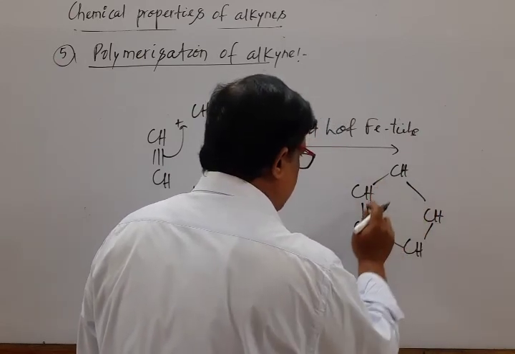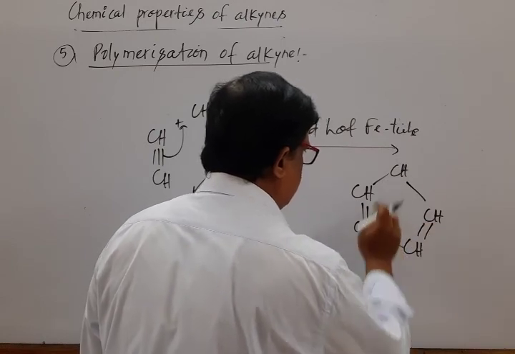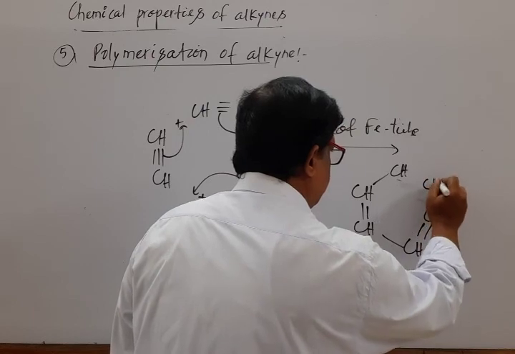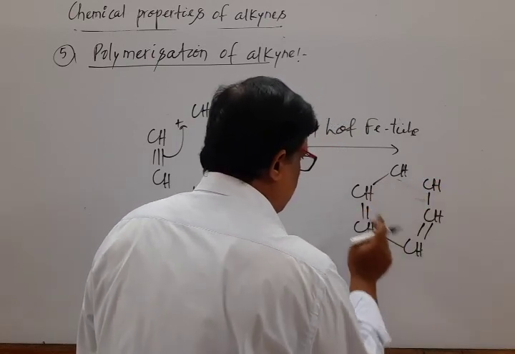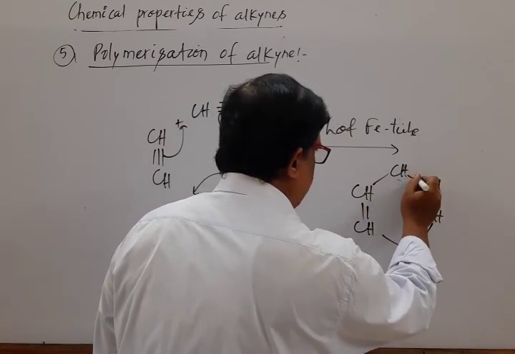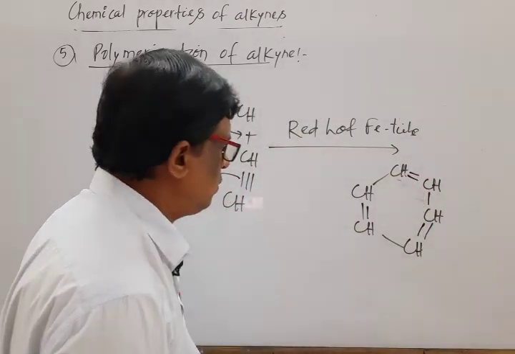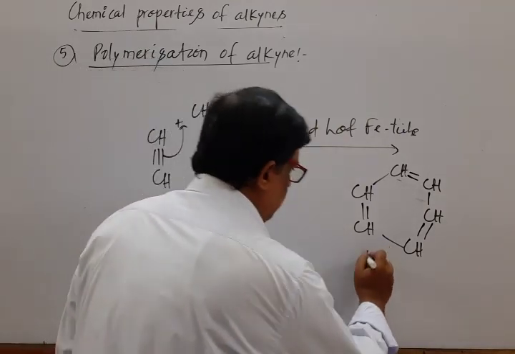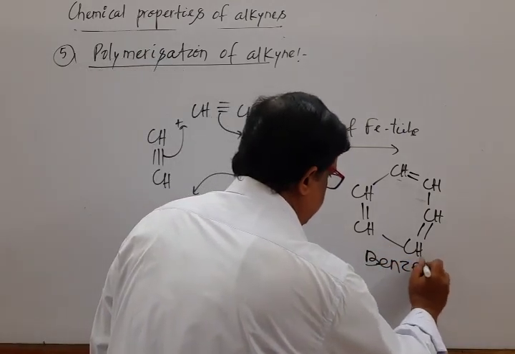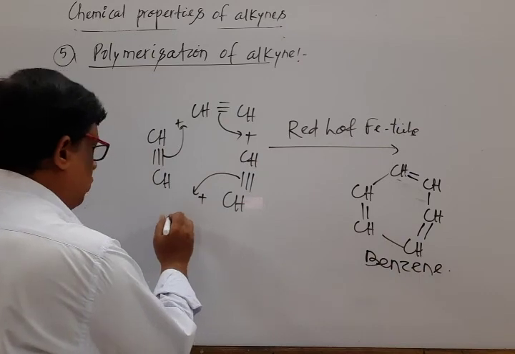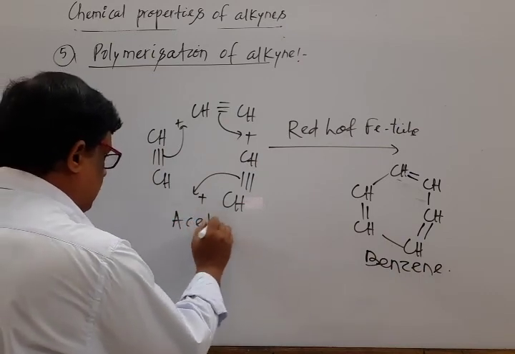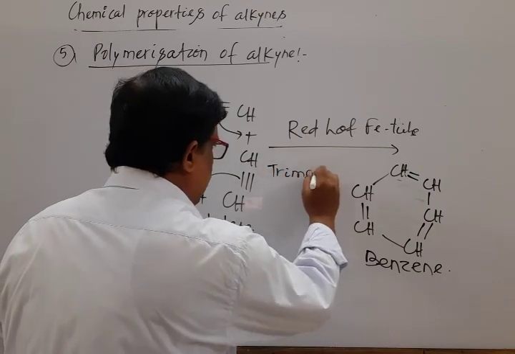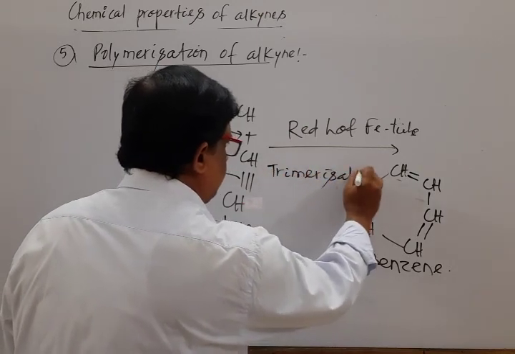Mark that. Single bond, double bond, single bond, double bond, single bond and double bond. Mark that. Its name is benzene. It's 3 molecules of acetylene, and this process is known as trimerization.